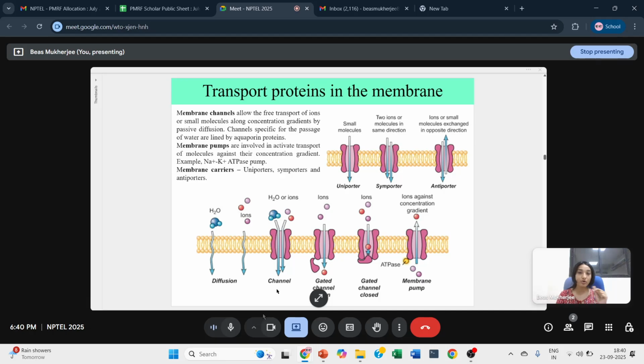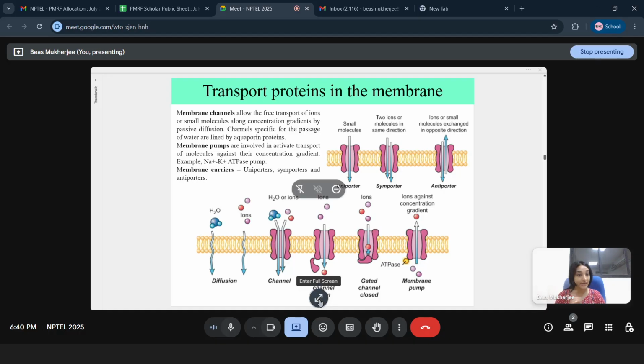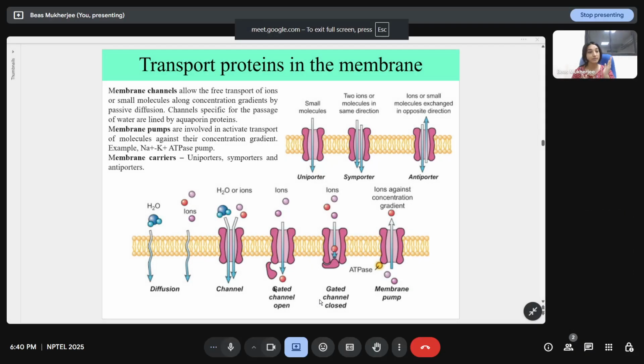So here we are going to talk about diffusion channel proteins, the gated channel proteins and membrane pumps. See what happens is diffusion. Water molecules can diffuse in using aquaporins. Then there are ions. For ions there can be passive diffusion. For water molecules there can be just normal diffusion.